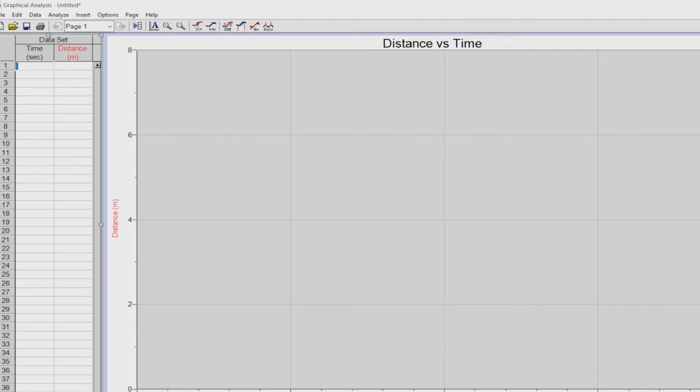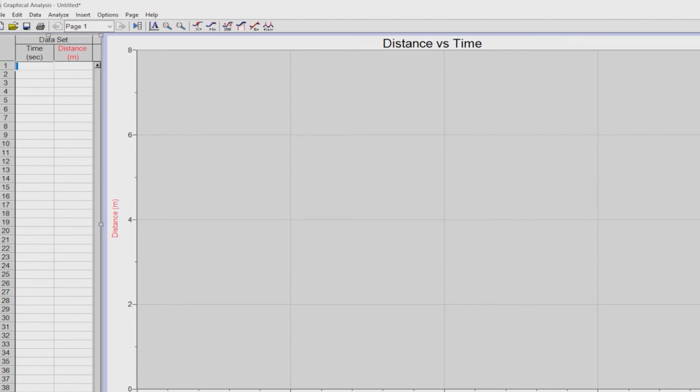Now, if you have an accelerated motion, which you will be talking about in Chapter 2, what that means is if you have an acceleration, you don't go the same distance every second. You go farther and farther every second that elapses. And so let's just say that that's a squared relationship, which actually is a parabolic relationship. So here's where you want to fit your data to a parabolic curve.